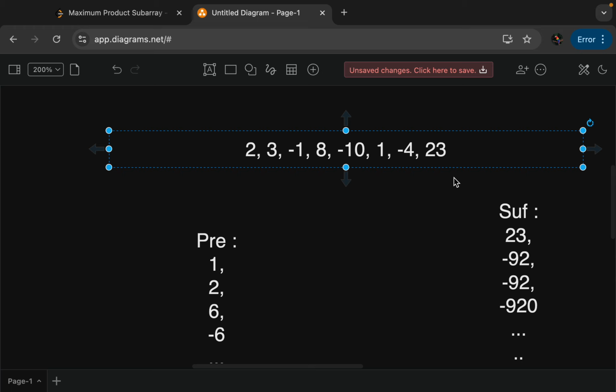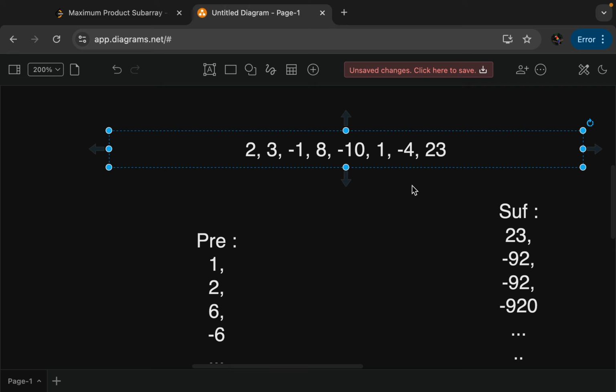And there is also a fourth constraint for this solution: if 0 comes into the picture, we cannot include the 0 in the subarray, because it would make the product 0, no matter what other elements are in the subarray. So we need to take care of these observations and constraints before writing the solution.